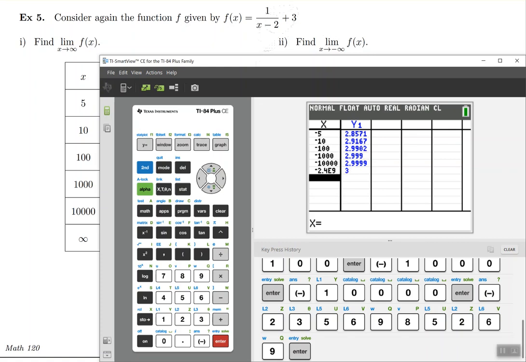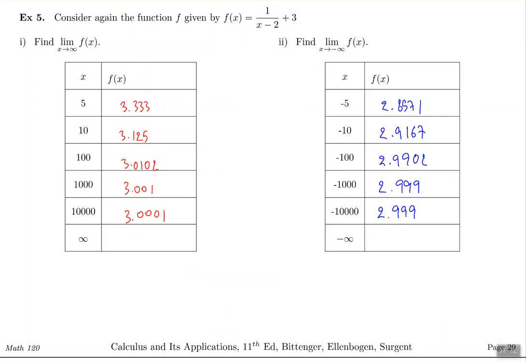So regardless of whether we are in the first table or the second table, the numbers are turning to look like a 3 at the end. So what does that mean? That means that this side of the table tells me that as x goes more and more to the right, as x gets larger and larger to the positive side, the numbers that I'm seeing at the end are all looking like a 3, right? 3.001 and so on and so forth.